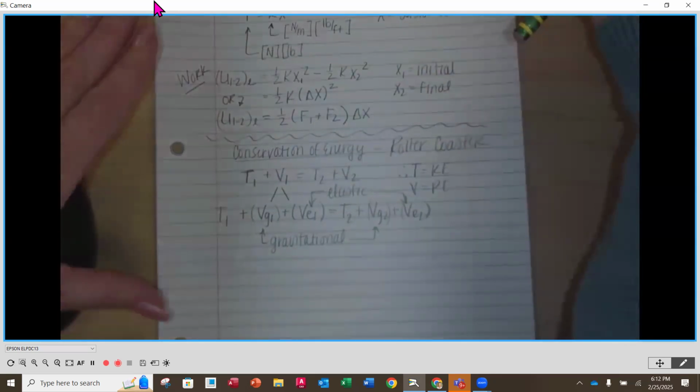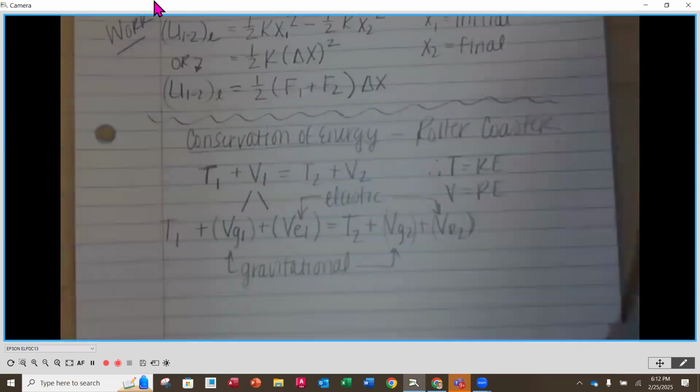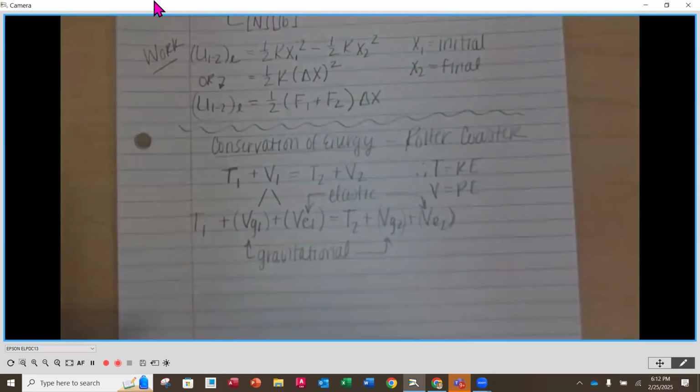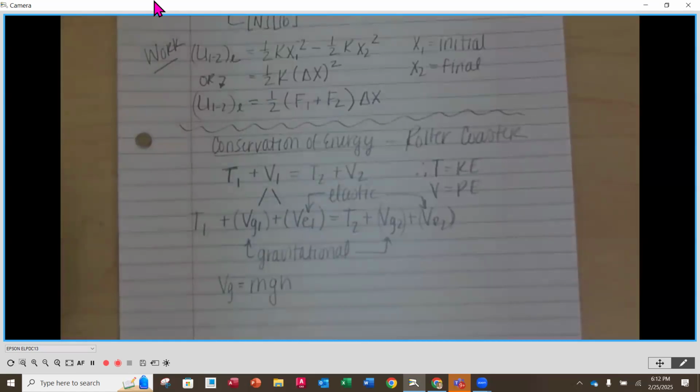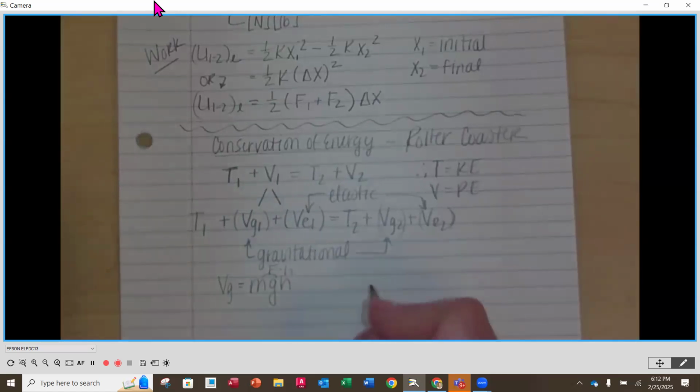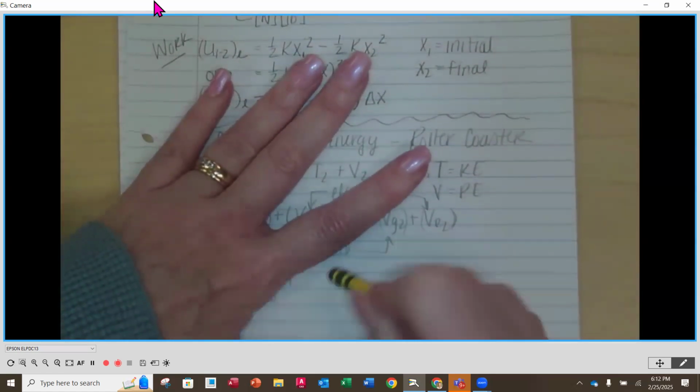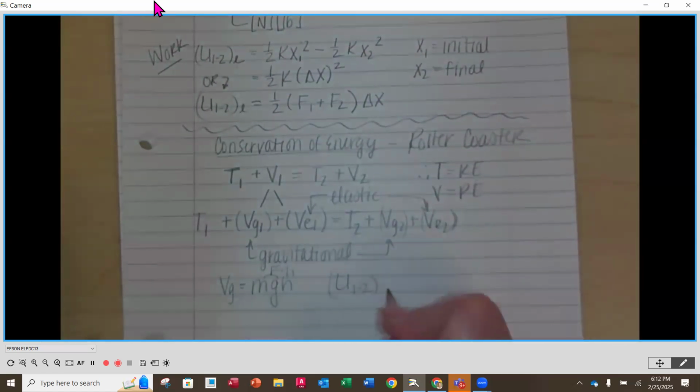Now, as we look at calculating gravitational, we are going to find that gravitational is equal to mgh, which should sound familiar. And when we look at potential energy, this is going to be the force, if you would, and then times h, which is the distance, okay? When we look at work gravitational, U1 to 2, okay?